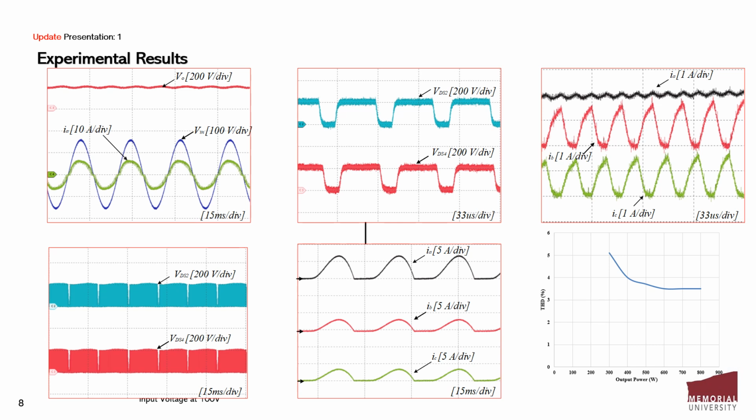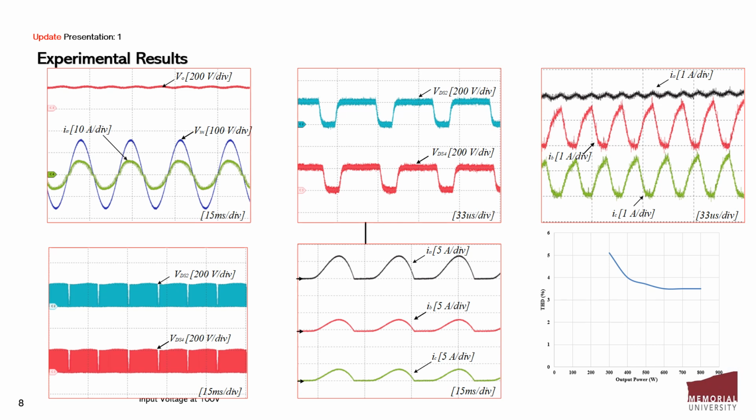In the black waveform the current ripple has really reduced, to around 0.2 amps, but for the other two legs, the green and the red, we are getting around 1.2 amps each. So the proposed topology really reduces the input current ripples associated with the inductor. And in the middle down figure, we can see the zoom in version of the current ripples.